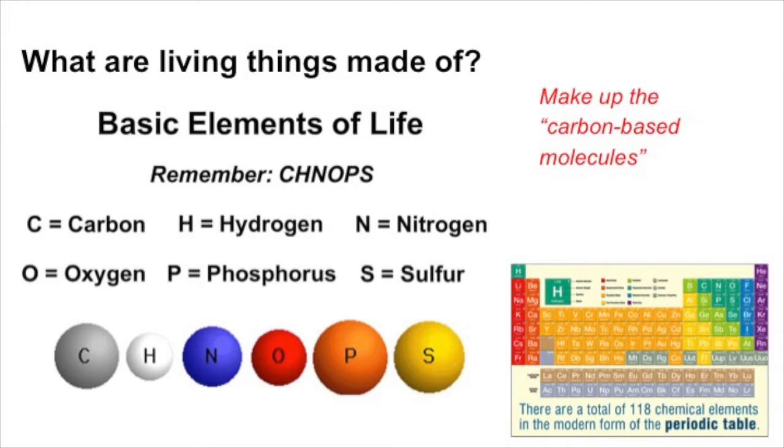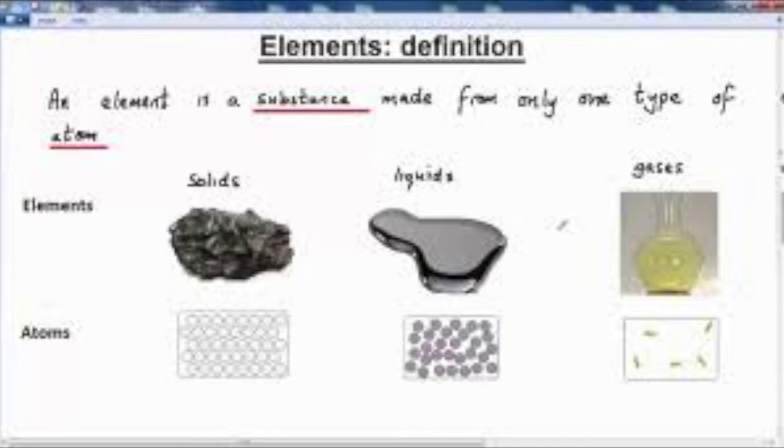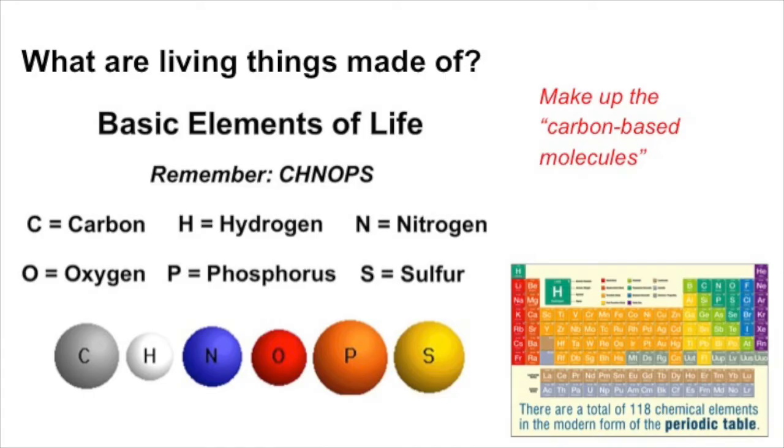So what are living things actually made of? If we break down any living organism, we will see that it is made from elements. If you remember from chapter 2, the most common elements in all living things are carbon, hydrogen, nitrogen, oxygen, phosphorus, and sulfur.